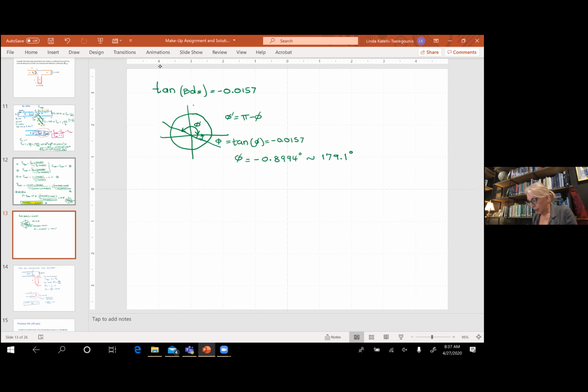Which in fact tells us that βds has to be 2π ds over λ. 2π is 360, and if this is φ, it means that ds over λ is approximately going to be 179 divided by 360, which is 0.49.